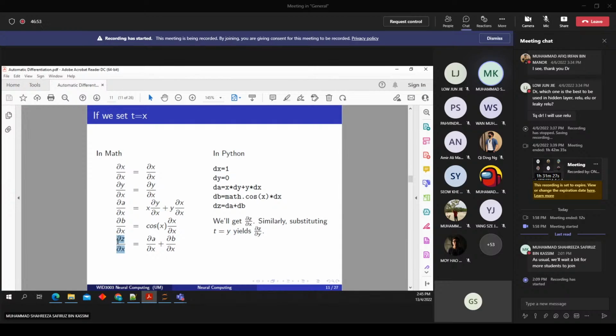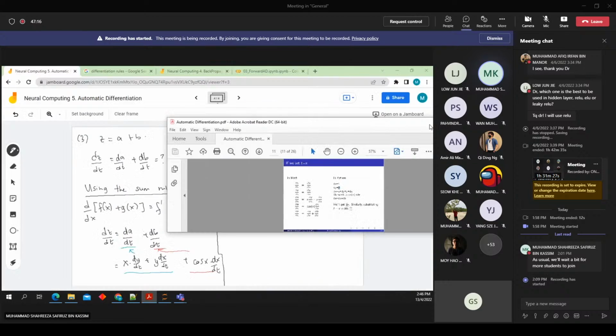If we want to find dz/dy, the partial derivative of z with respect to y, then we'll do it the other way: we'll say t equals y, and then this becomes 0, and this becomes 1. That is kind of the whole idea.